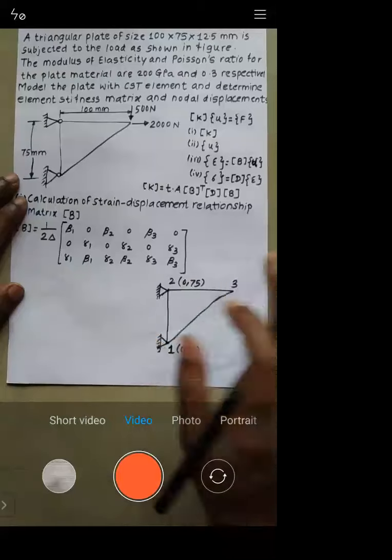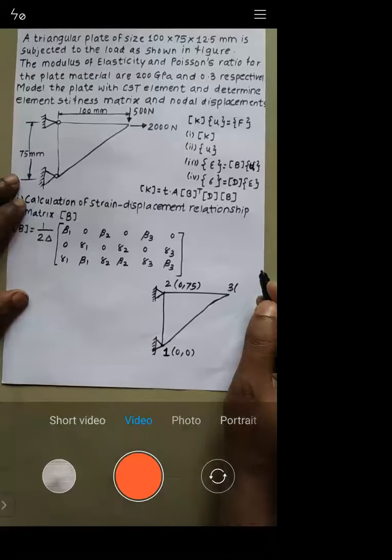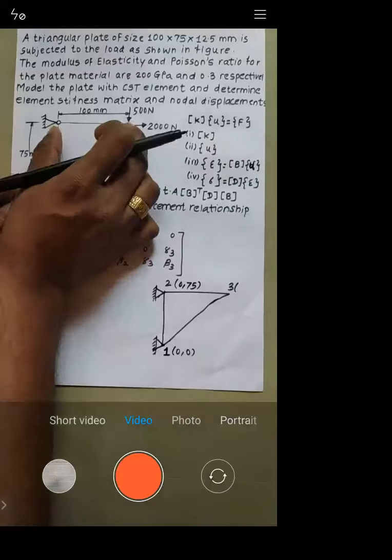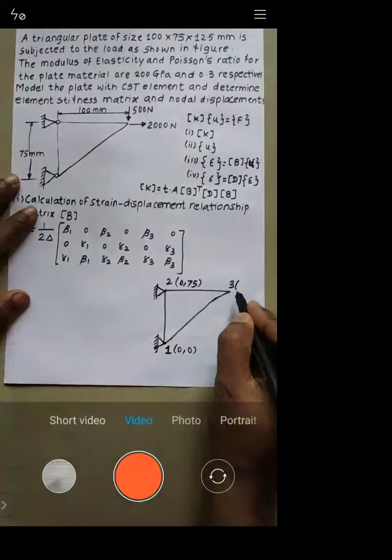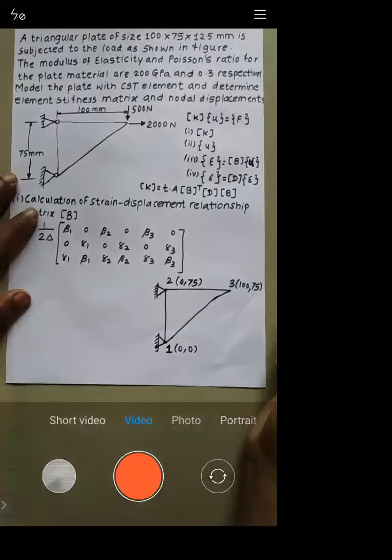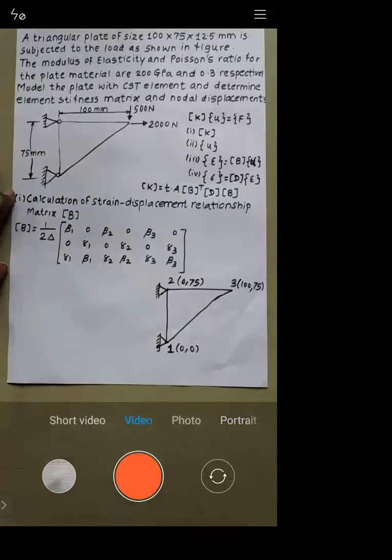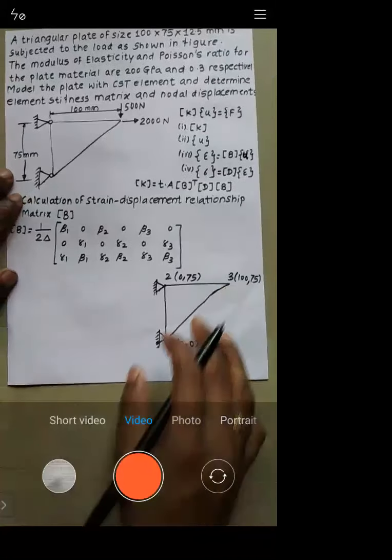Now, what is the location of node 3 with respect to node 1? The x distance is 100 and the y distance is 75. So this is 100, 75. Is it okay? Yes, sir. Right, this is what is required: node 1, node 2, node 3.